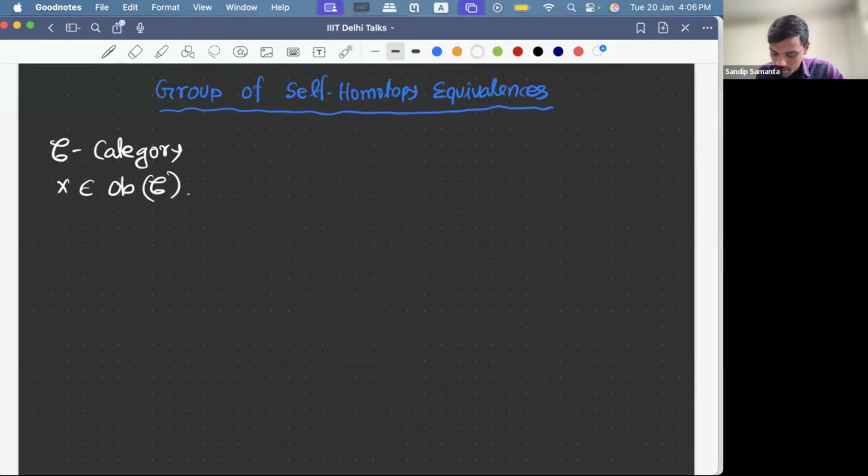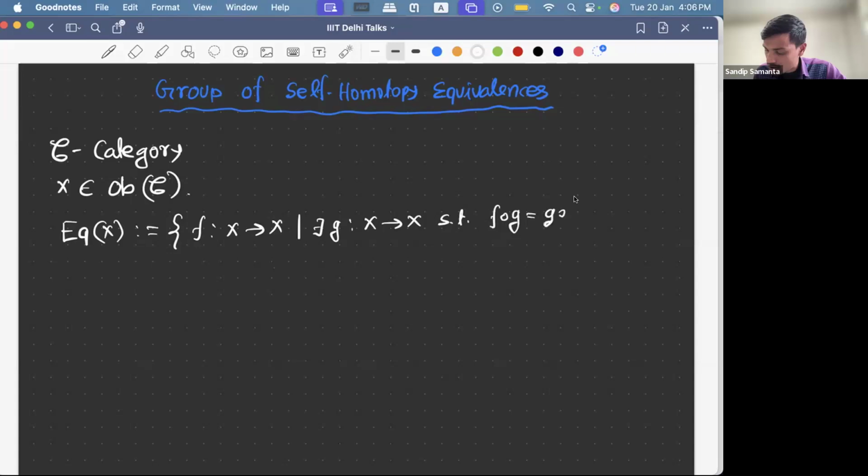Now we can consider this set, say EQ of X, which consists of maps F from X to itself such that there exists some G also from X to X, with F compose G and G compose F both being the identity map on X. So F is a morphism from X to X, and G is also a morphism from X to X, and there is a composition rule in the category itself.